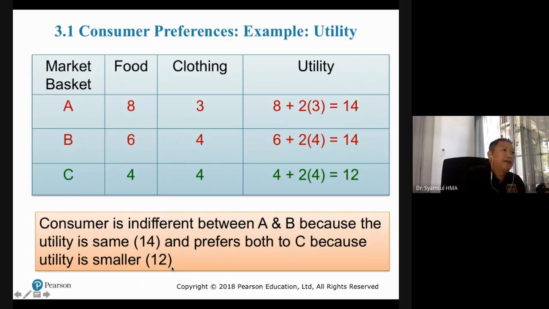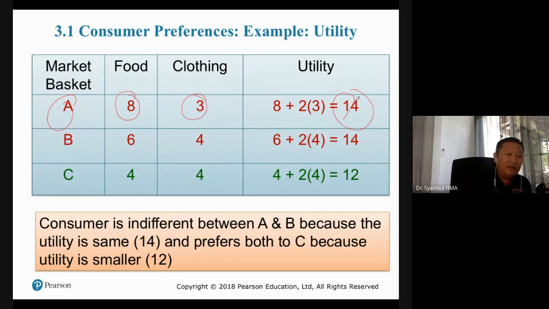Now, example again. You see here, for basket A, you obtain 8 and 3. If you have 8 food and 3 clothing, you will have 14 utility. But if you have less food but more clothes, then when you solve this equation, you will get 14.